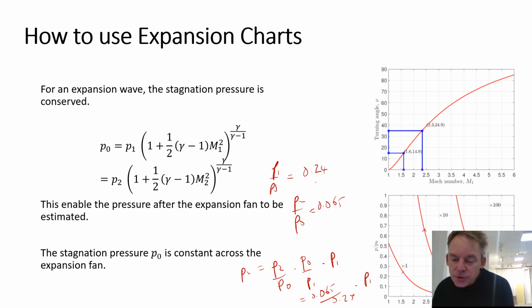So if we know those pressure ratios, we need to multiply them in a sequential way in order to eliminate P naught and determine what P2 is, and that's how you calculate your change in pressure, noting that P naught is a conserved quantity, or is constant across the fan.